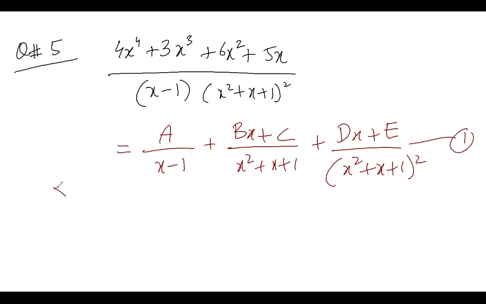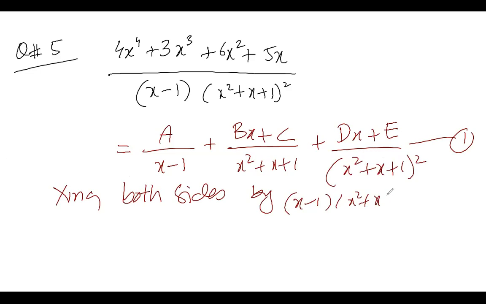Now multiplying both sides by this denominator, x minus 1 into x square plus x plus 1 whole square. When you multiply with this, you will get 4x4 plus 3x cube plus 6x square plus 5x.